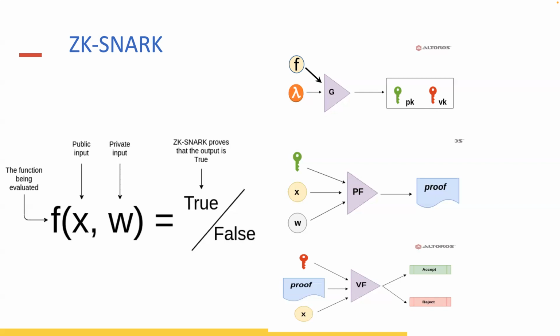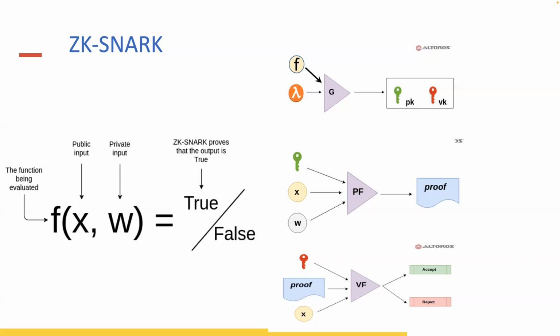So you have a setup: there's a function you want to prove, it can be an arbitrary function, and then you add a little bit of randomness, and you get a pair of keys, the proving key and the verification key. The difference from Bitcoin keys, the private and public pair, is that in this case both must be public, meaning known to both the prover and the verifier.